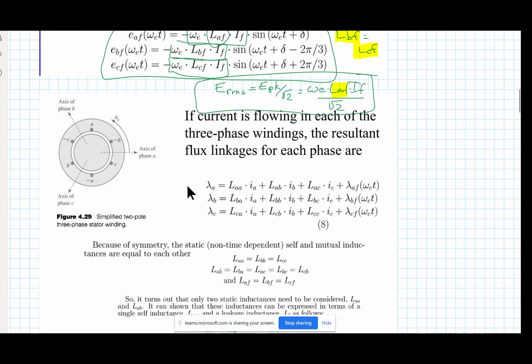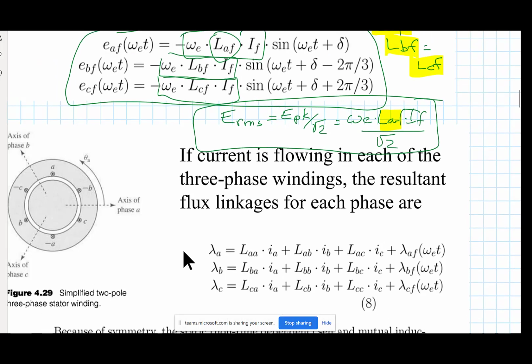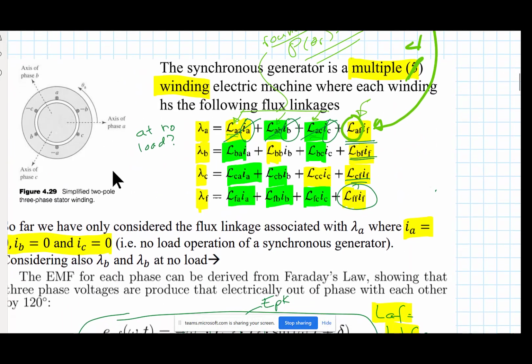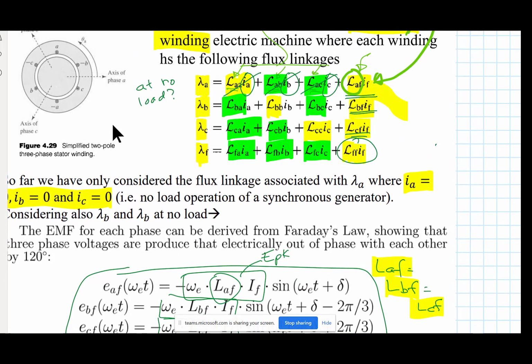Now, if you have currents flowing in these windings, three-phase currents, then you would be using these full expressions right here. So these expressions are the same as these ones up here, but now what we're doing is substituting in the actual derived expressions for these inductances.